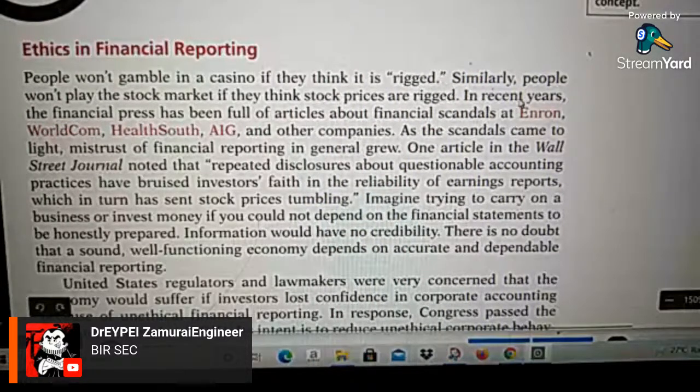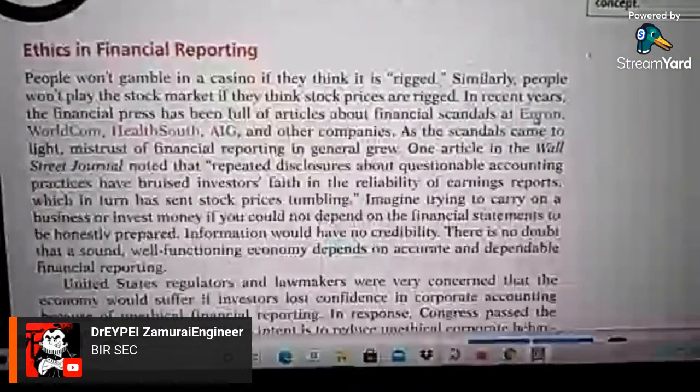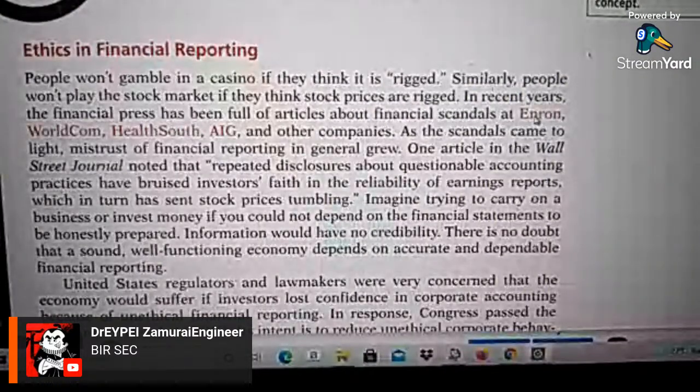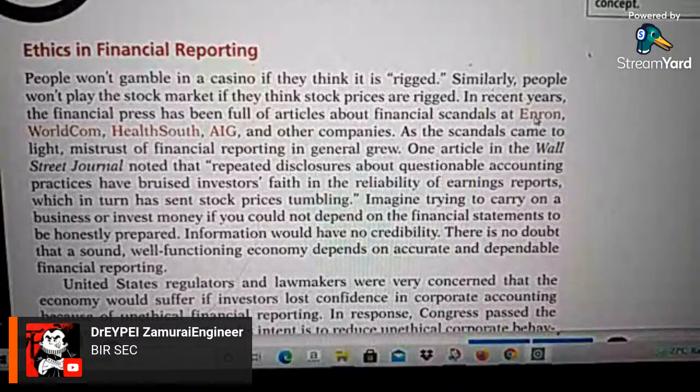So many companies cheat, not only in taxes but in misinformation, so that they gain more investors and more shareholders. Their stock increases. If their stock prices increase, then the worth of the company increases.